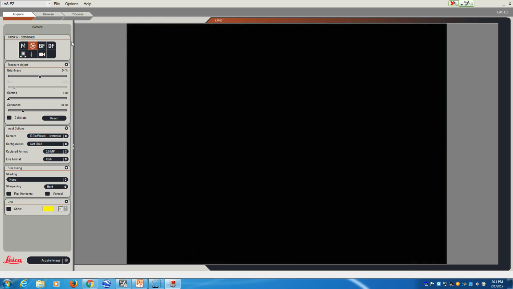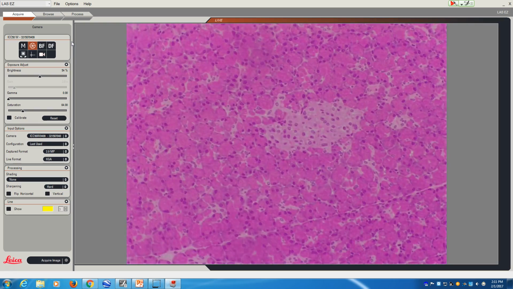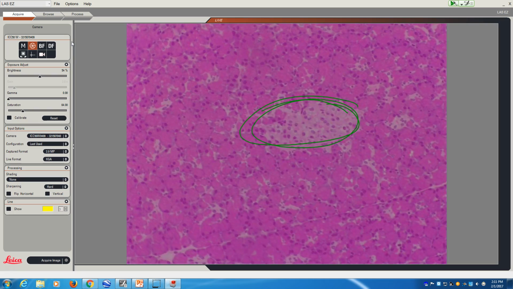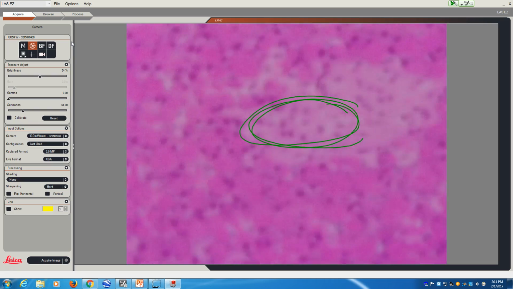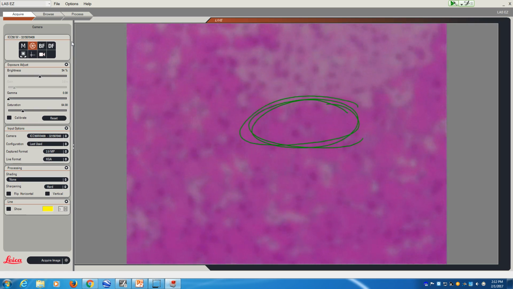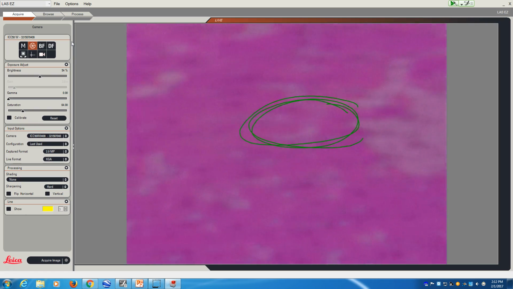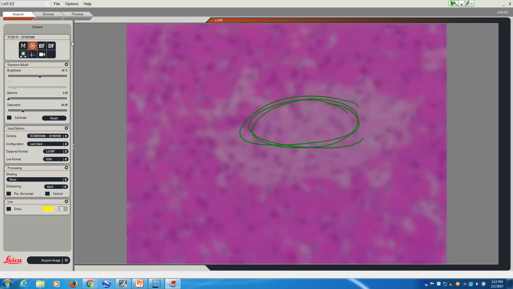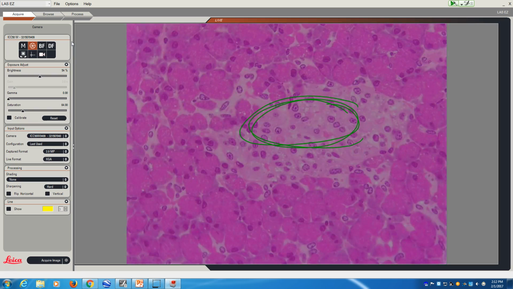So this is 200x of a Langerhans islet. This thing is a Langerhans islet, okay? See it now?